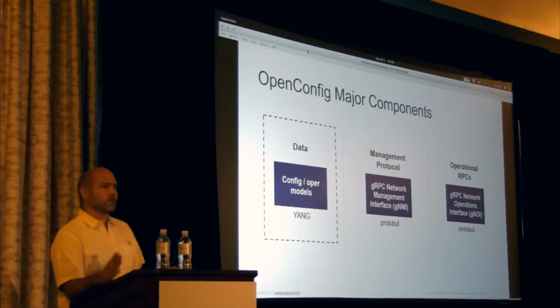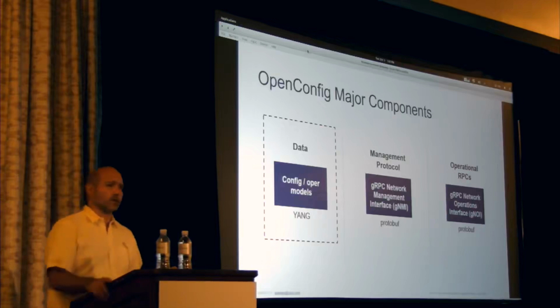So at least so far, there are three main tracks that they are working on. One of them is the data models. The other one, as I said, is the management interface, how to do configuration management with a set of RPCs that they define and that uses gRPC, and also the operational RPCs. In addition to this, there seems to be also a fourth track of tools.